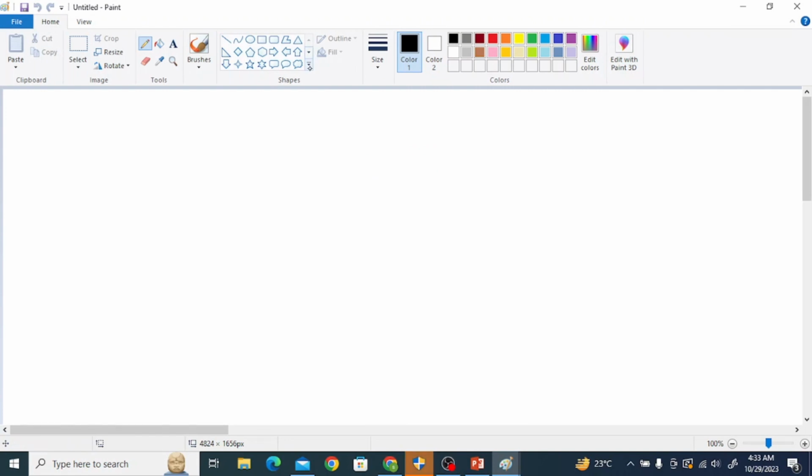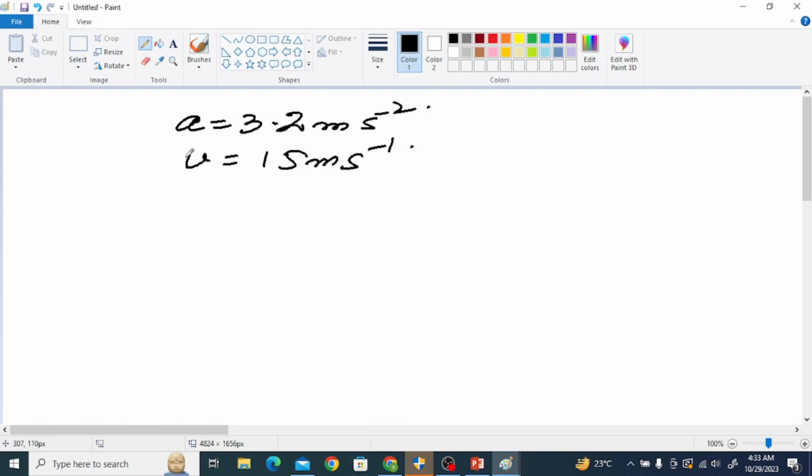So in this example we are given the acceleration a as 3.2 meter per second square. Initial velocity u is 15 meter per second, ms minus 1, and the final velocity v is 22 meter per second.